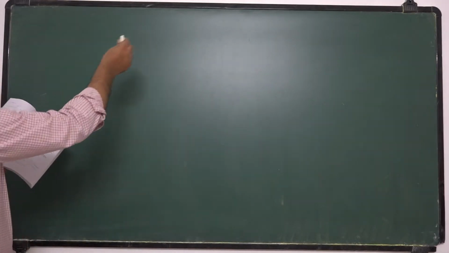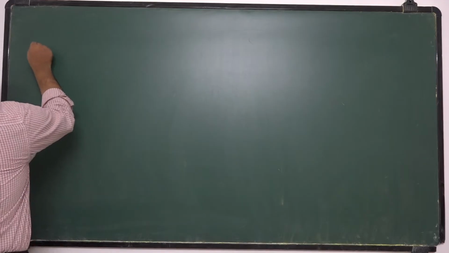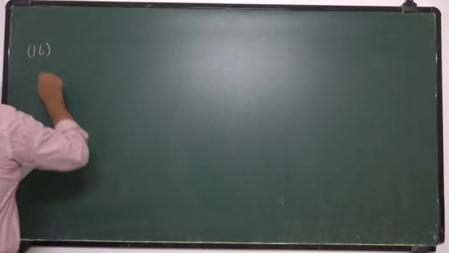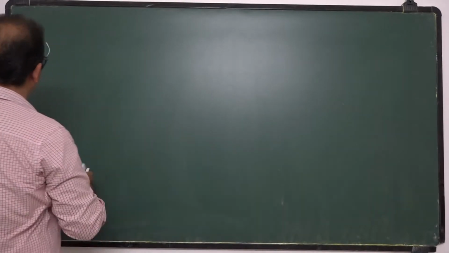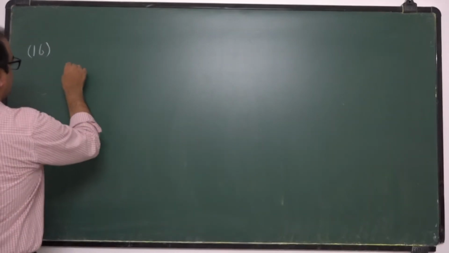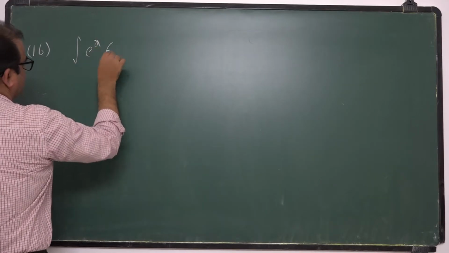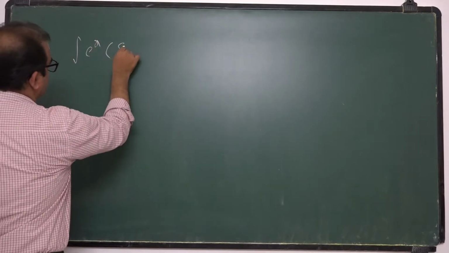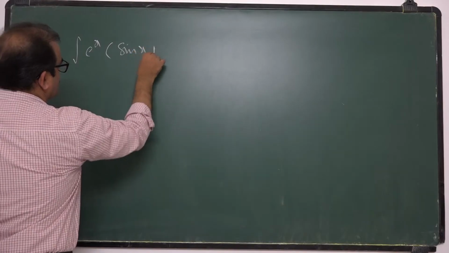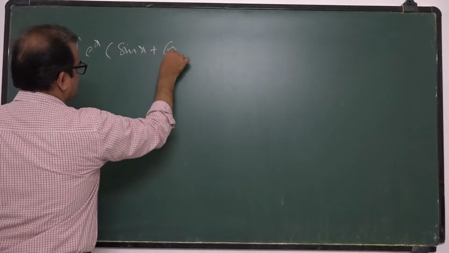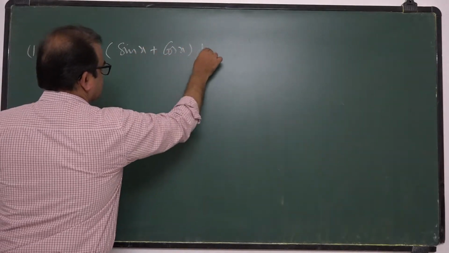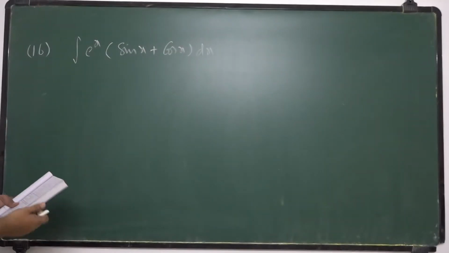Now, from the 16th onwards. Write the 16th one: integral of e power x into sin x plus cos x into dx.